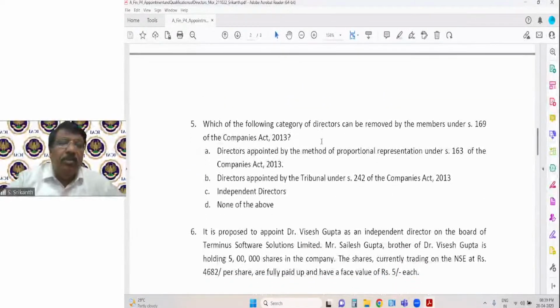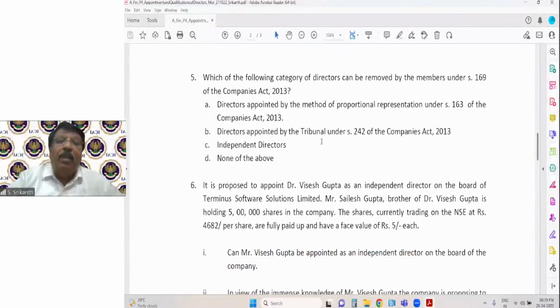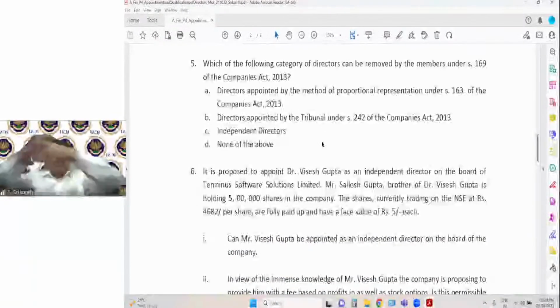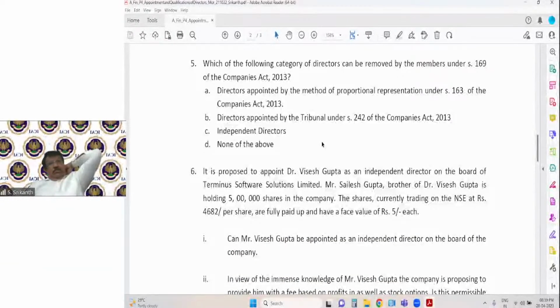5. Which of the following category of directors can be removed by the members? Can be removed by the members. I think the answer is very clear.